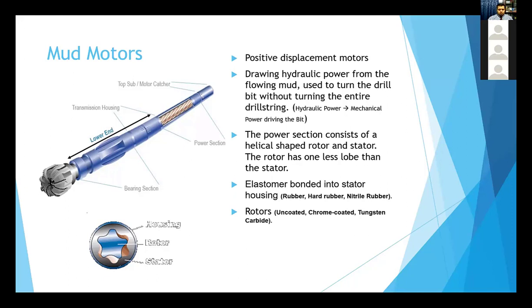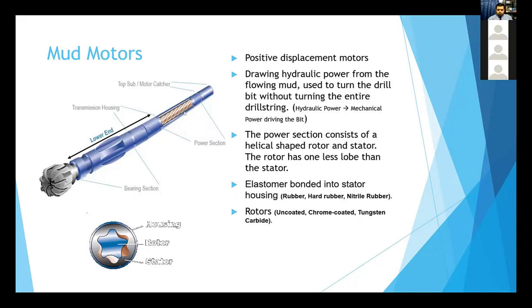Basically, a mud motor has a power section, which is the top part just below the top sub. The lower end has the transmission housing and the bearing housing. The power section consists of a helical pair, rotor and stator.